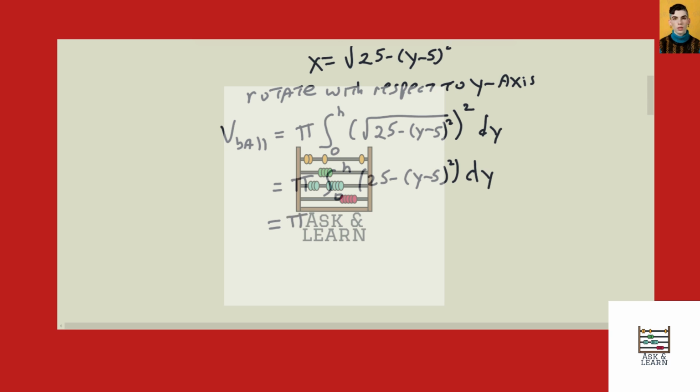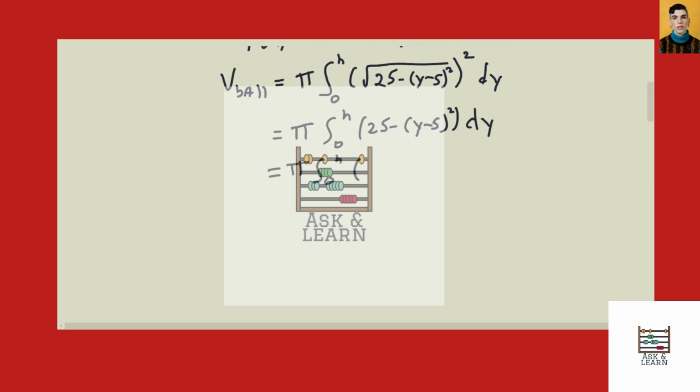So this is pi times the integral from 0 to h of 25 minus y squared plus 10y minus 25 dy.